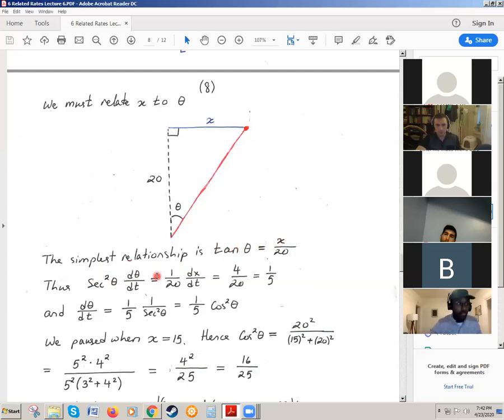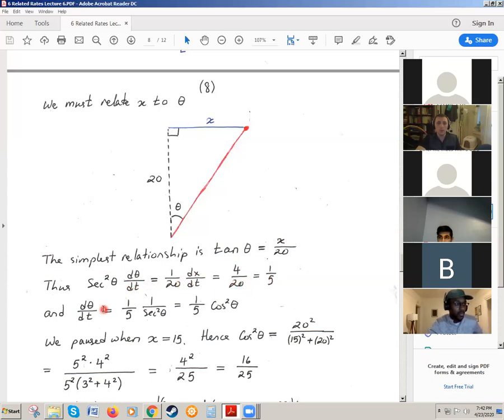The derivative of the left is secant squared theta d theta dt, and that's equal to 1/20 dx dt. Now, dx dt is the speed with which the person is walking, and since he's walking always at 4 feet per second, it's 4/20 or 1/5.